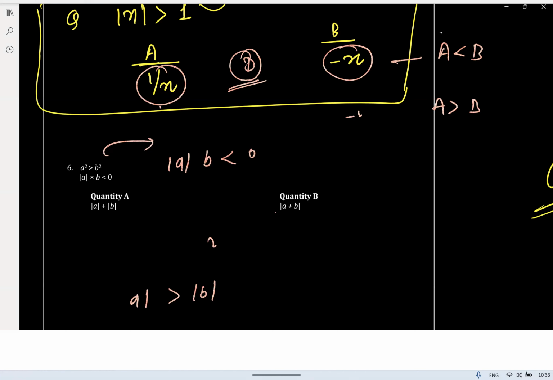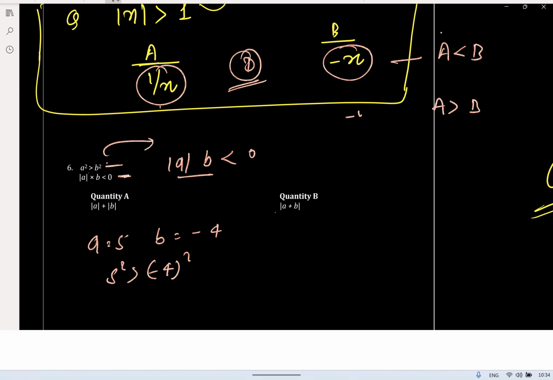But then again, take some values for which this also suffices. Imagine I take A equal to 5 and B equal to minus 4. So 5 square is greater than minus 4 square, 25 is greater than 16.